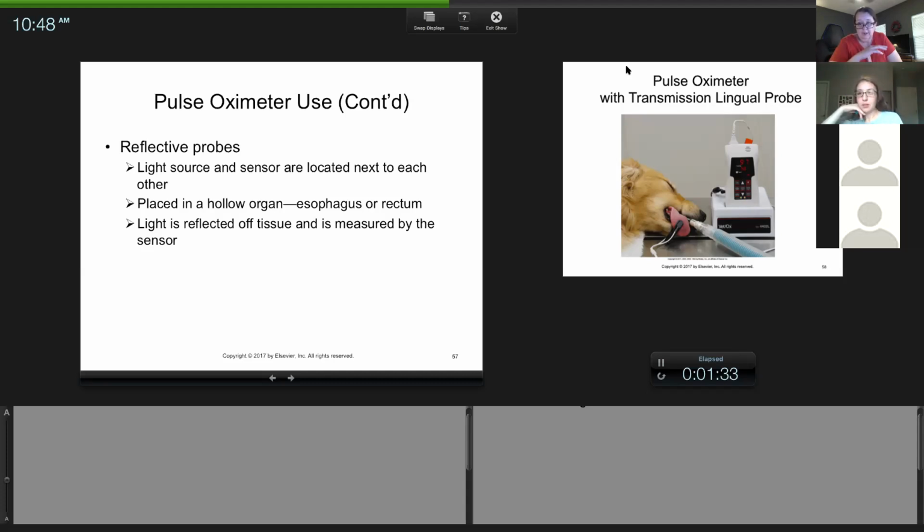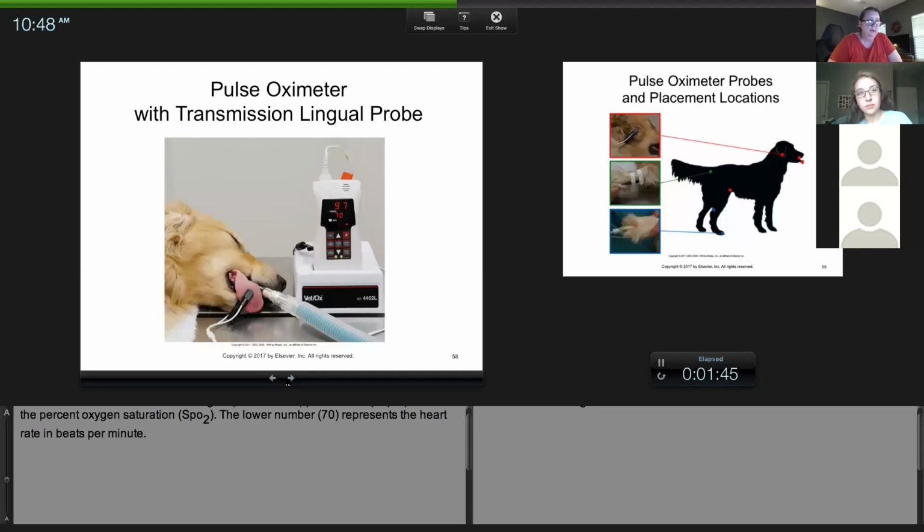I'll tell you, 95% of the time you're going to use the clothespin one, but you can use these in a hollow organ and the light is reflected into the sensor. But obviously when I talk about troubleshooting, if it's in the rectum, I don't want to know the pulse ox of their stool, because it's kind of shitty.